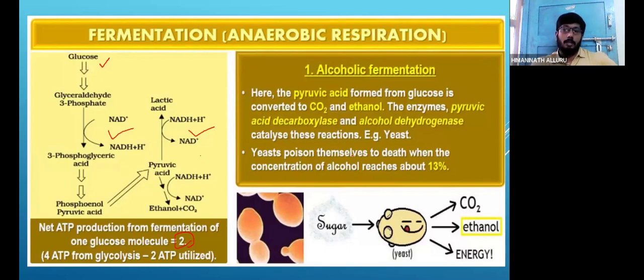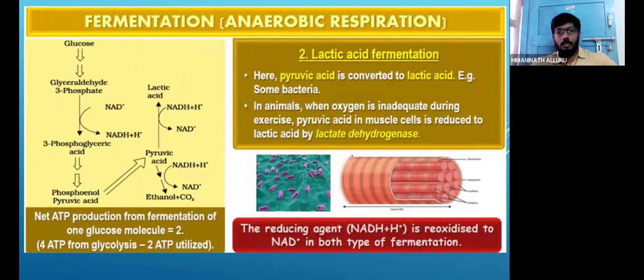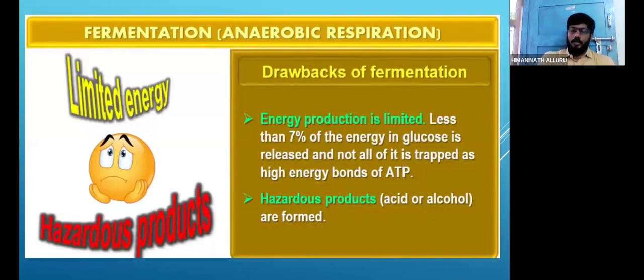Here only 2 enzymes for alcoholic fermentation they are going to learn, and for lactic acid only one, so we can explain. And also in the muscle cell, we can highlight the role of white muscles and red muscles here itself. These are the things we need to highlight to the children.